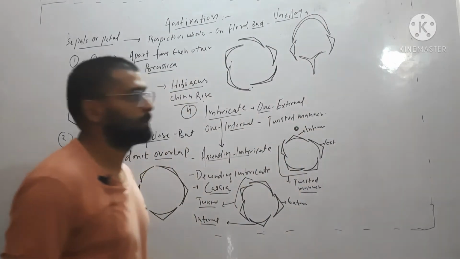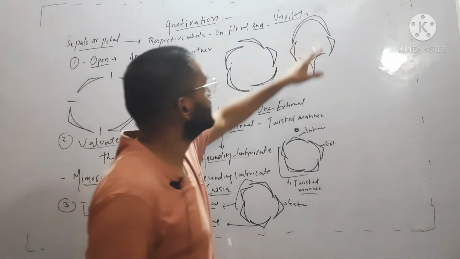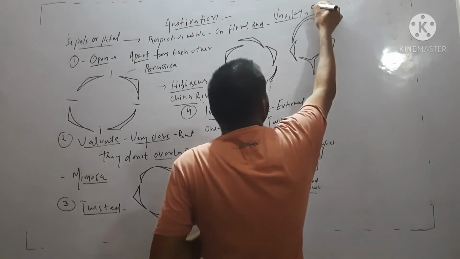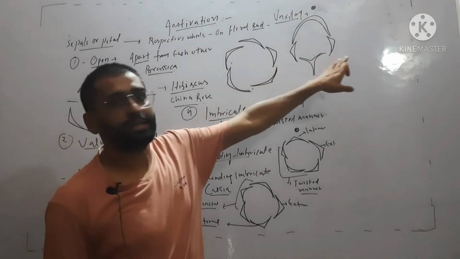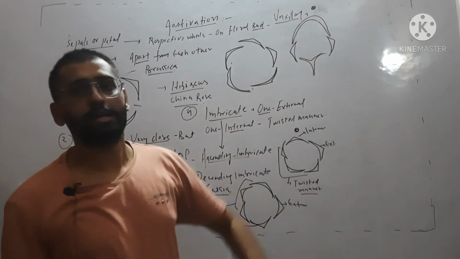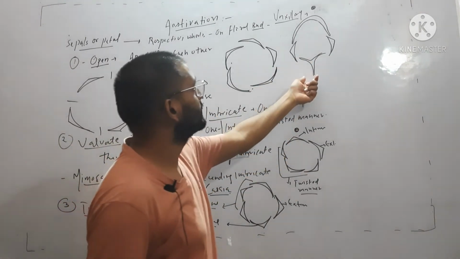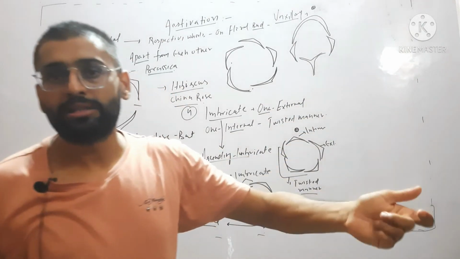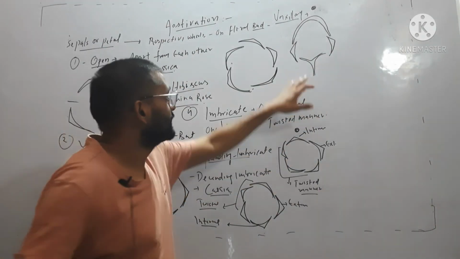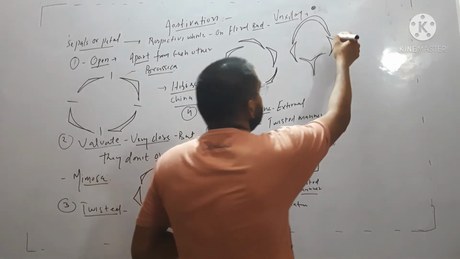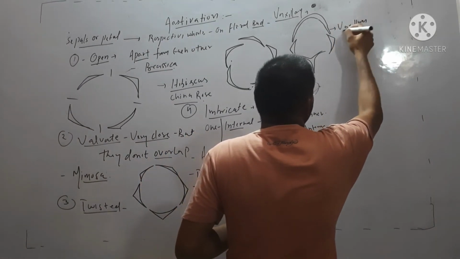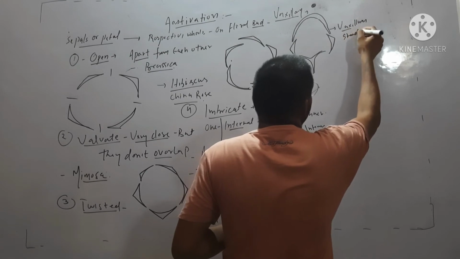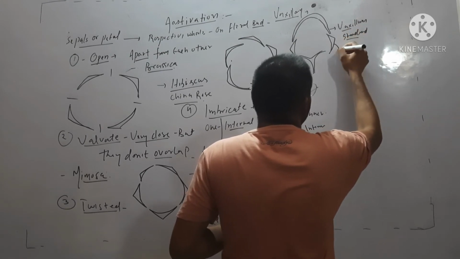In vexillary estivation, one large petal towards the posterior side, or towards the mother axis, covers two lateral petals, and the two lateral petals further cover the petals toward the anterior side, and these petals are fused. So this large petal is called vexillum or standard.